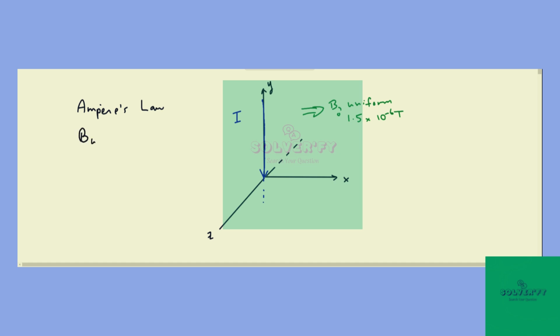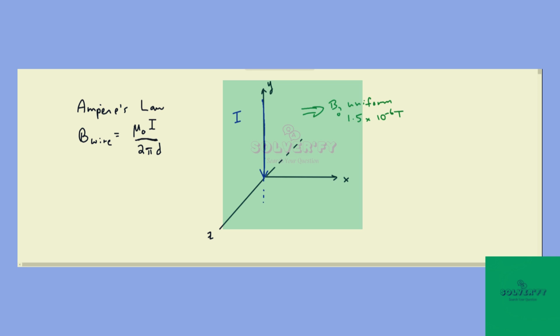Its magnitude is a product of the fundamental constant permeability of free space, mu naught, times the current in the wire over 2 pi times the distance from the wire. The direction of that is a circle going around the direction of the wire, figured out by using your right hand, and we'll do that in a little bit.